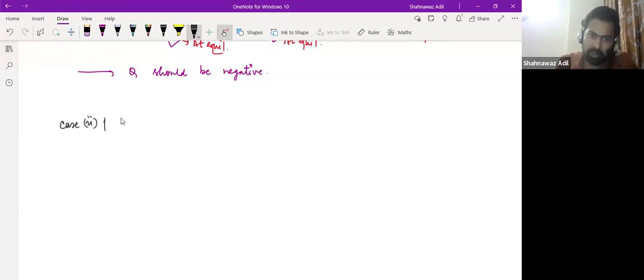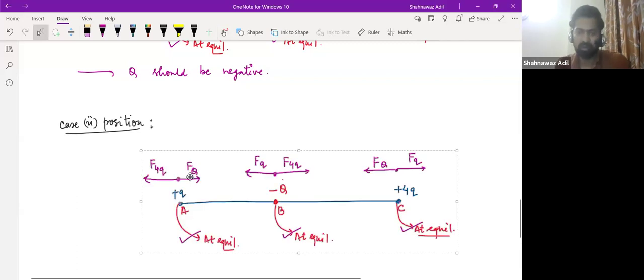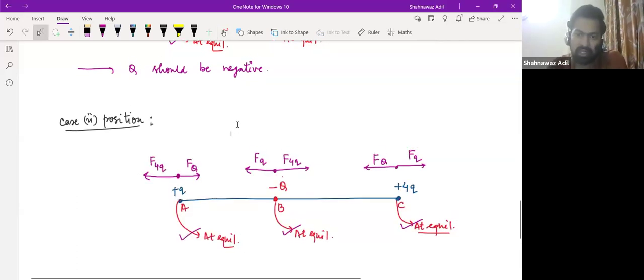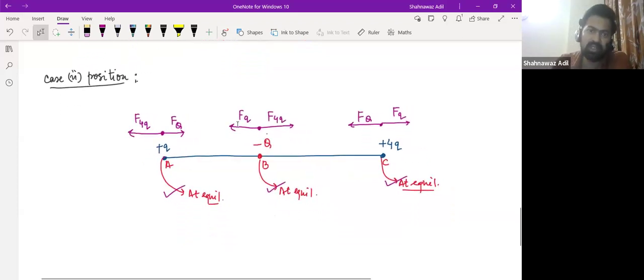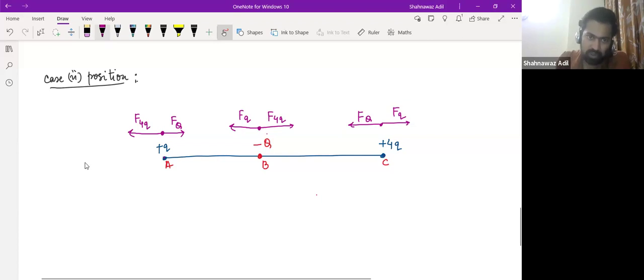What is the position? So let's bring this diagram in. To find out the position, let's erase this part. We will use the condition of equilibrium at B.